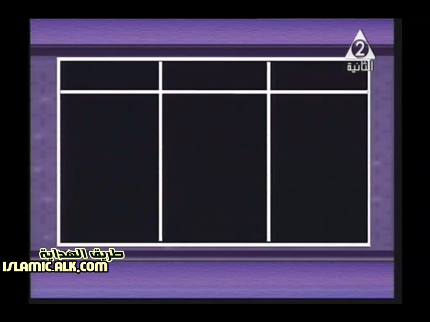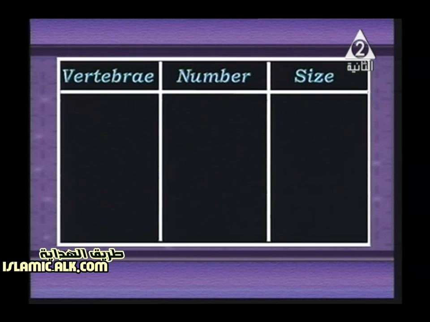We have a table here to show you the vertebra, the number of vertebrae, and the size. I'm starting with the number. What's the number of each vertebra? Well, we have 4 different types.